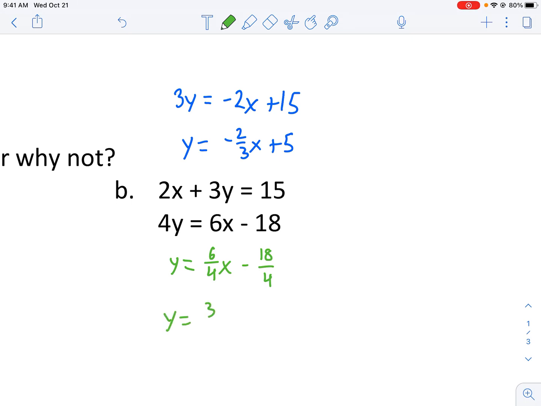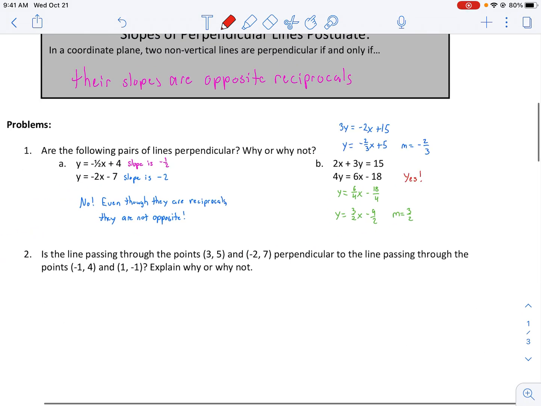Let's reduce those, and you get 3/2 x minus 9/2. So the slope of our green line is 3/2. The slope of our blue line is negative 2/3. So if you notice, this fraction is the flipped version of that one, or the reciprocal, and one is negative, one is positive. So therefore, we can conclude, yes, that they are perpendicular.